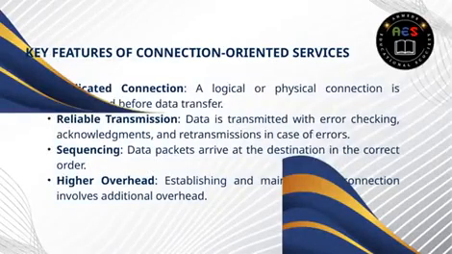Establishing and maintaining this connection requires extra resources and processing power, which can impact performance. Overall, these key features highlight how connection-oriented services prioritize reliability and order, making them ideal for situations where data integrity is crucial, even if they involve some additional overhead.